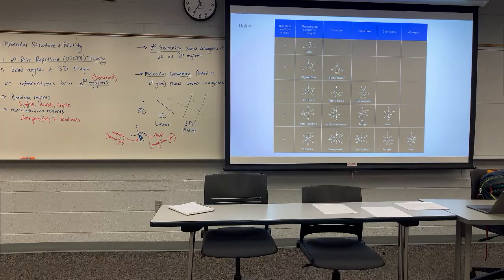Good guess. But notice how you've got two groups coming towards you and two groups going away. And that is what our octahedral geometry looks like when we scoot over. Two things really important.